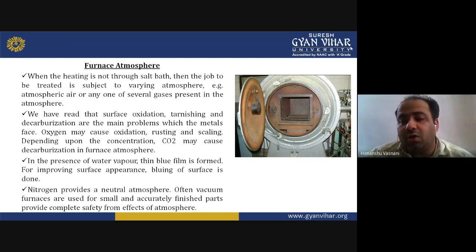Oxygen may cause oxidation, rusting and scaling, so we can note these things. Then, depending upon the concentration, CO2 may cause decarburization in the furnace atmosphere. So for that purpose we are discussing the furnace atmosphere, because if oxygen is there in the furnace, it may cause oxidation, rusting and scaling, and if CO2 is there, depending upon the concentration, it may cause decarburization.